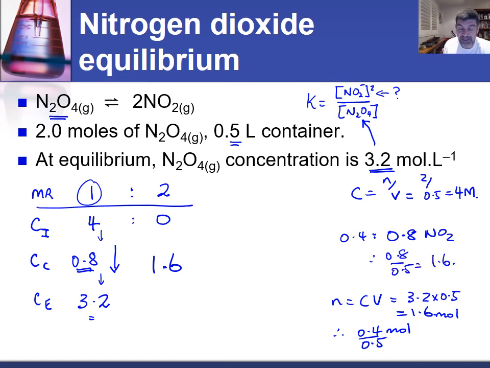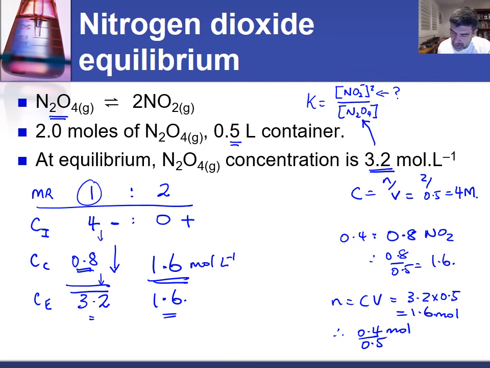So 1.6 is the concentration in moles per litre of the NO2. Now, the reactants get subtracted, 4 minus 0.8 is equal to 3.2, but the products get added. We add the products together to give us our total. So the concentration at equilibrium, therefore, must be 1.6 moles per litre.